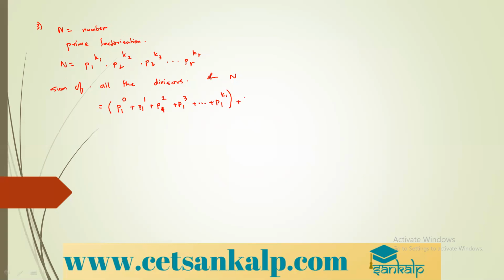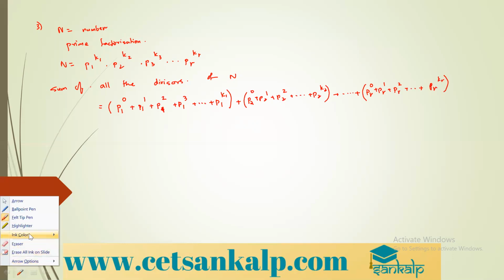Now to this you will add P2s: start with P2 power 0, P2 power 1, P2 power 2, until you take P2 power K2. And so on until PR: start PR power 0, PR power 1, PR power 2, until you go to PR power KR.